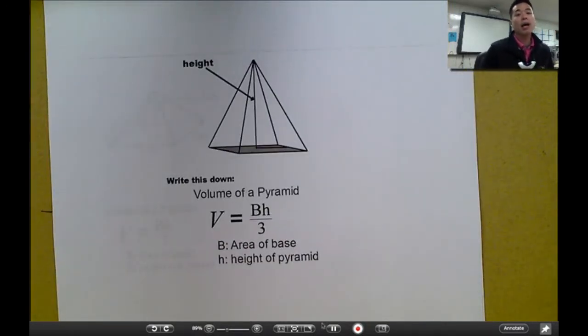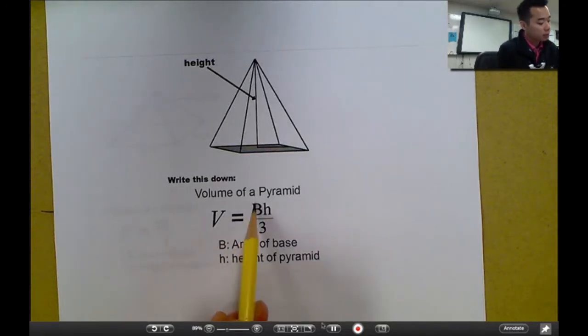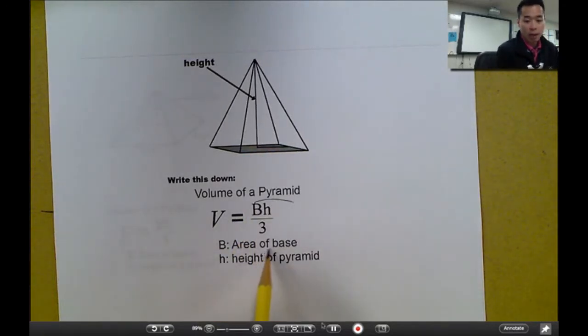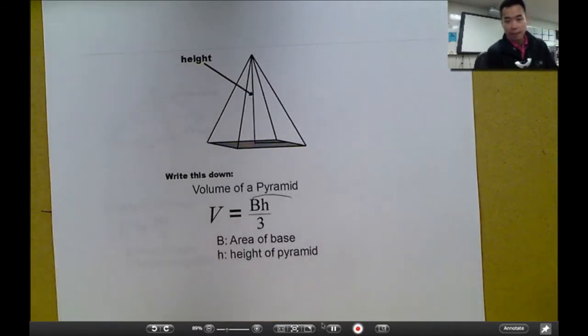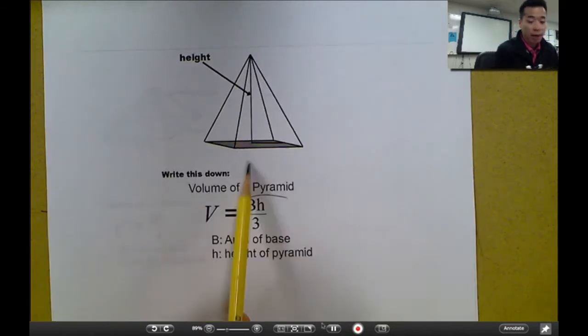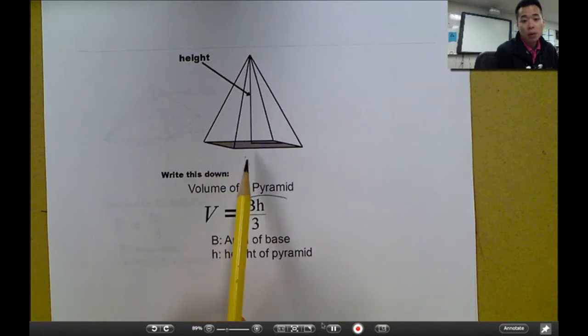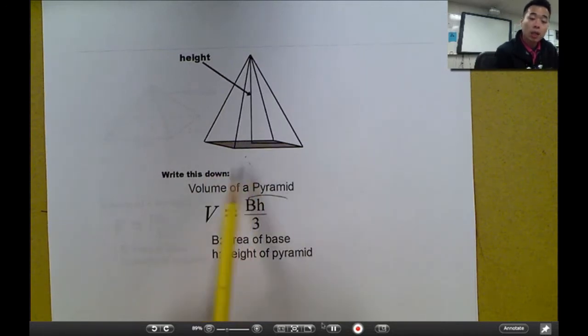And then we also have the volume of a pyramid. This is a rectangular pyramid. We name pyramids by their base. Capital B will be the area of the base. So if the base is a circle, you do pi r squared. In this case, this is a rectangular pyramid, so you would do the area, length times width, and that would be the area of the base, and multiply by its height.